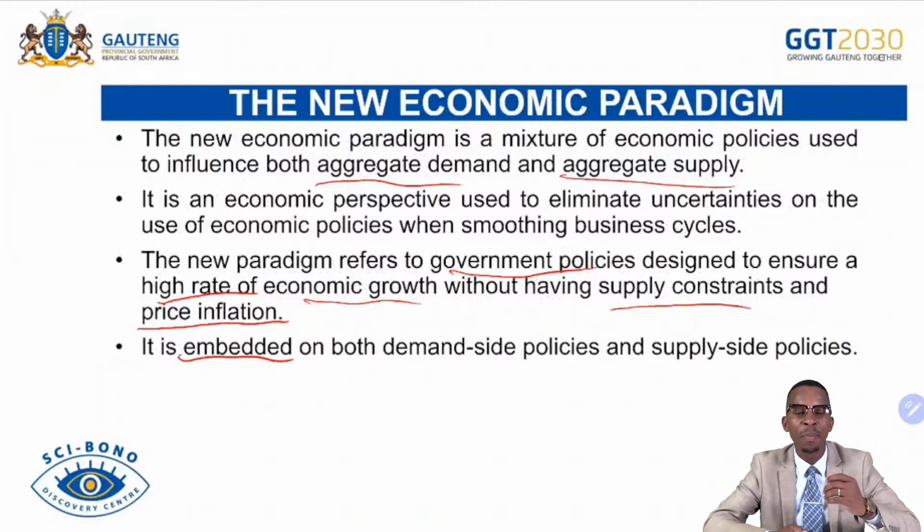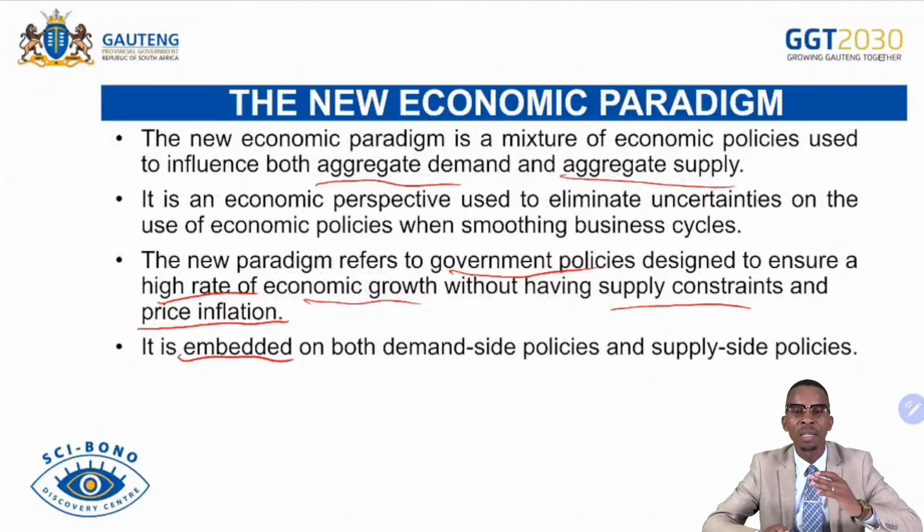Because if the government implements expansionary fiscal or monetary policy, there will be more demand for goods and services, while businesses or firms are faced with supply constraints or supply challenges. So it is important for the state to intervene to move both policies simultaneously. Influence aggregate demand using demand side policies, also influence aggregate supply using supply side policies, so that there will be no effect of inflation.